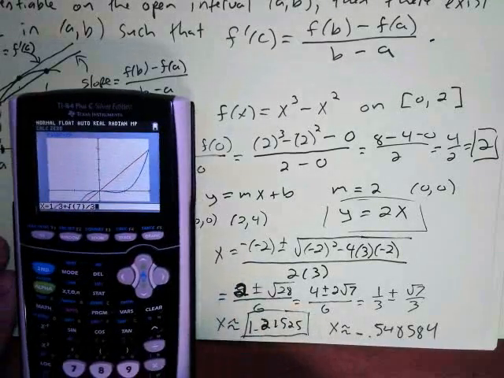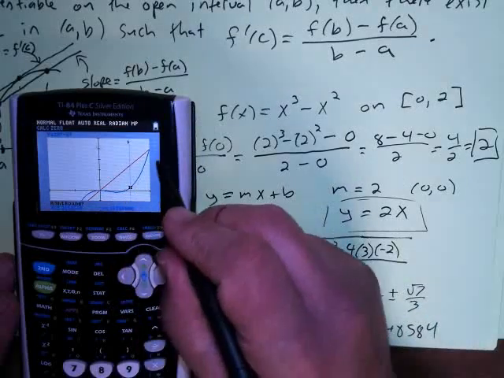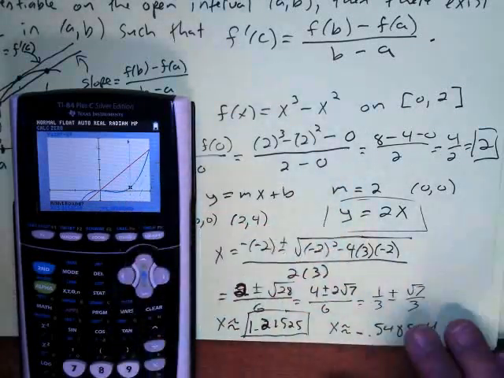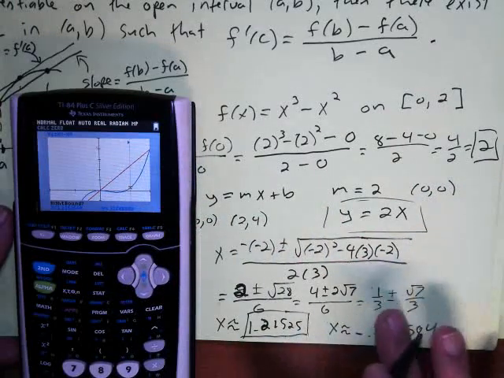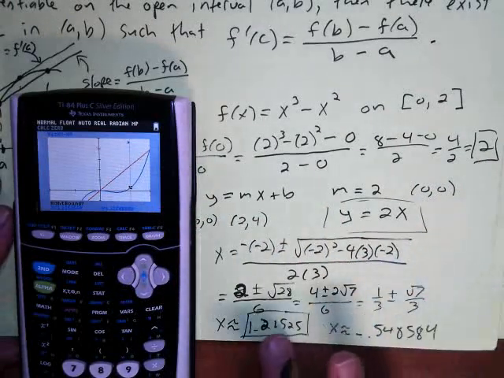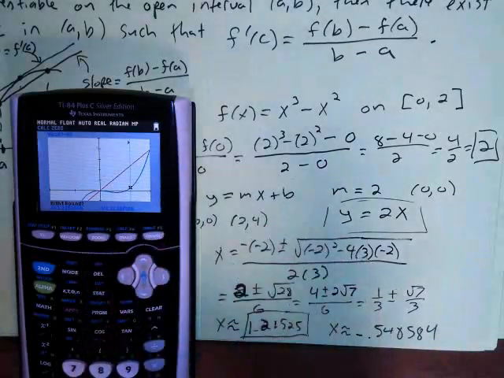And that is believable there. That's where it's going to have a slope of 2. Now, if you want to check that, you could find the equation of the secant line. This one might be a little complicated because it's an ugly number. But you could do that and graph it and see if the two lines are parallel.